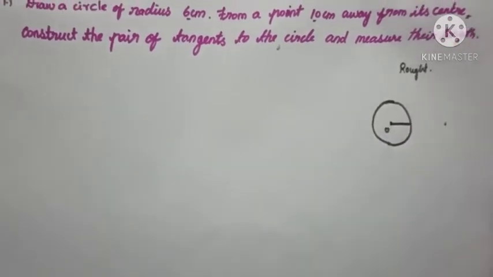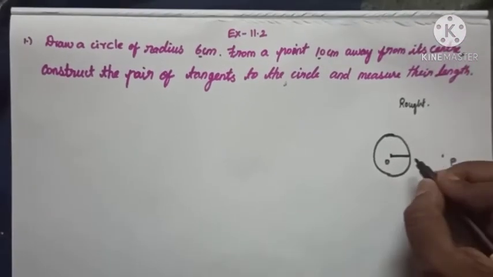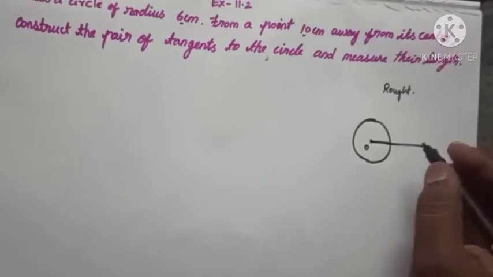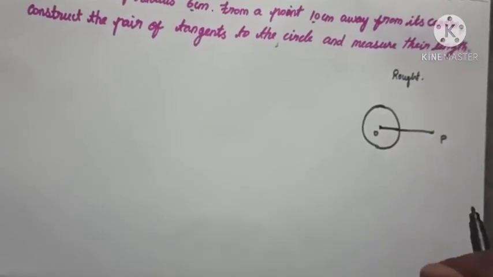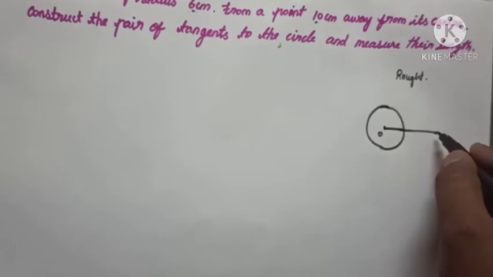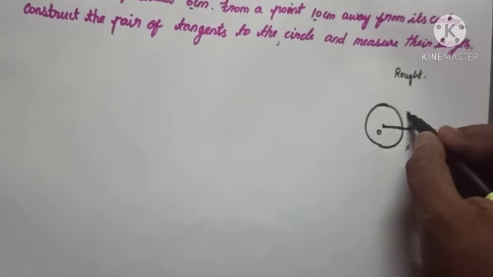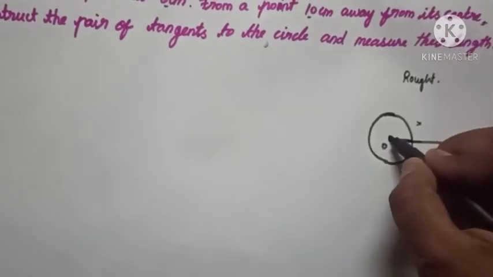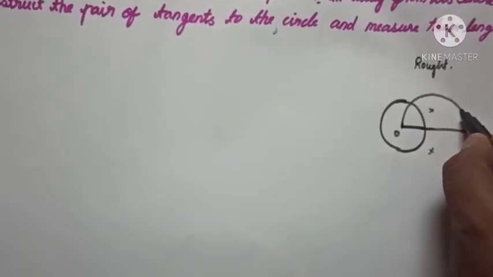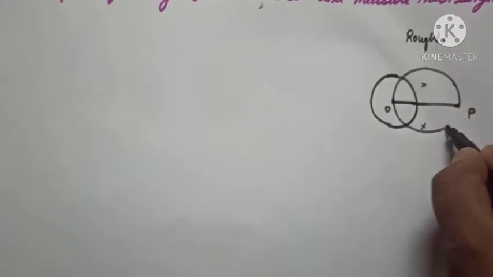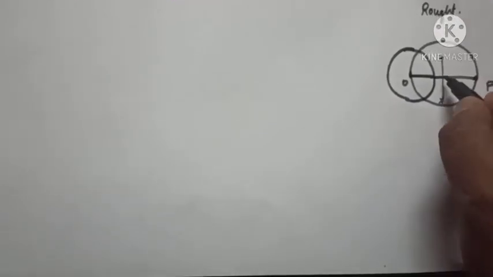Here I take the point as P, and I join it to O. Next, draw the perpendicular bisector of the line segment, and draw another circle that touches each end of the line segment. After drawing the bisector, make this midpoint the center and draw another circle.